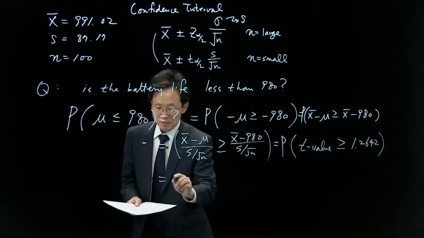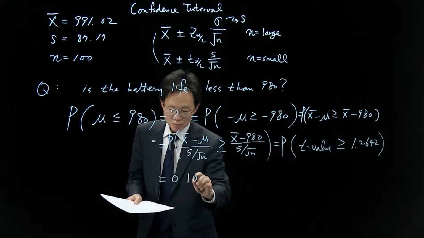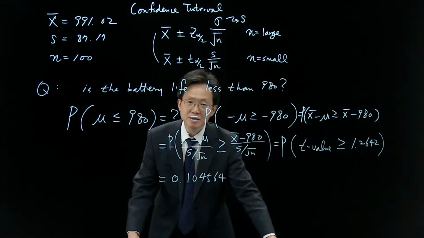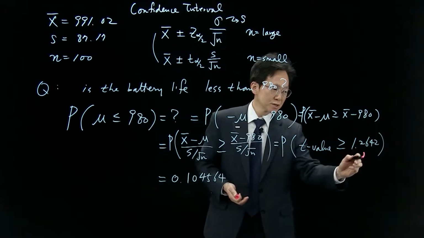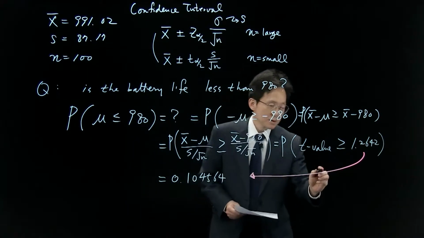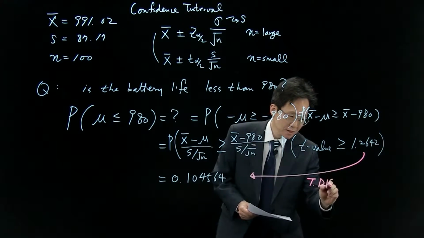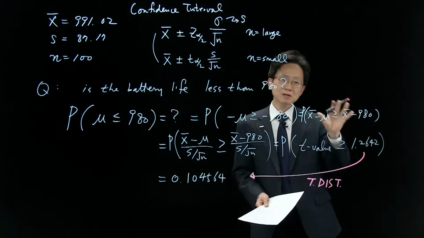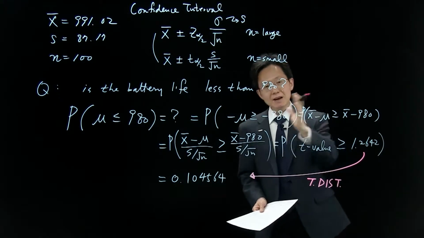Then I can calculate the probability, and the probability is going to be 0.104564, something like that. We already learned how to calculate this using Excel. Let me give you the formula. It's T.DIST. And remember, we have two sides. If I use T.DIST, that's about the left side.